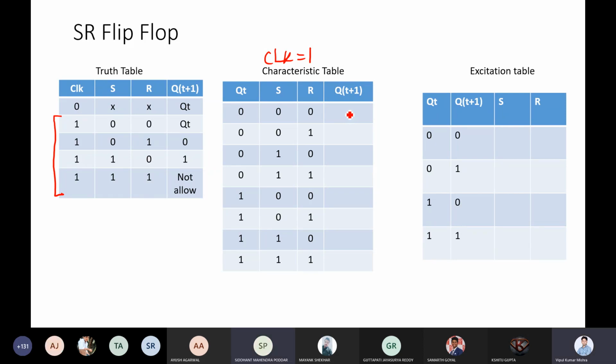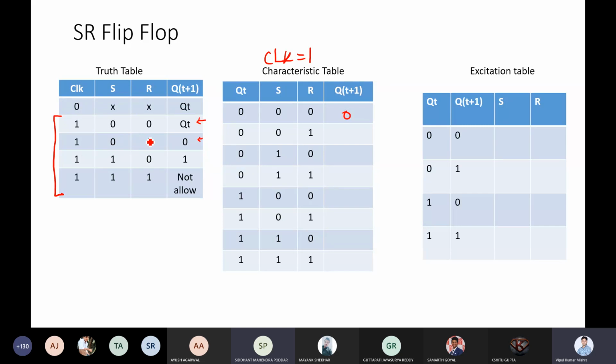0. It will remain 0, because when S and R are 0, you can refer to this, it will be Qt. And what is Qt? It is 0. Now when S is 0, R is 1 and Qt is 0, what should the value be? 0. So you are looking for this combination.